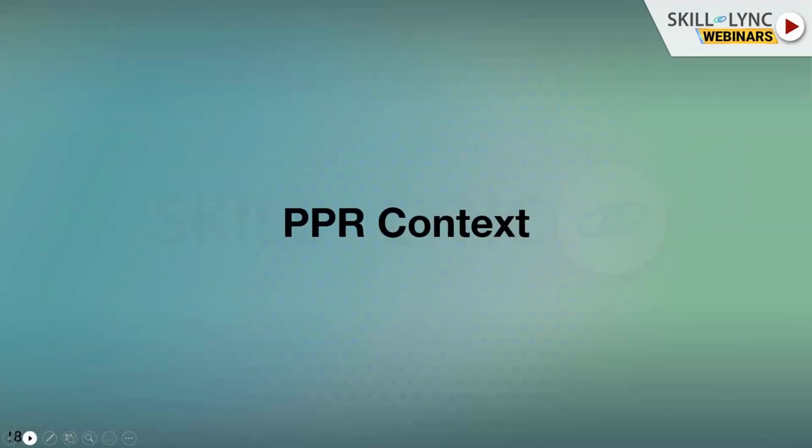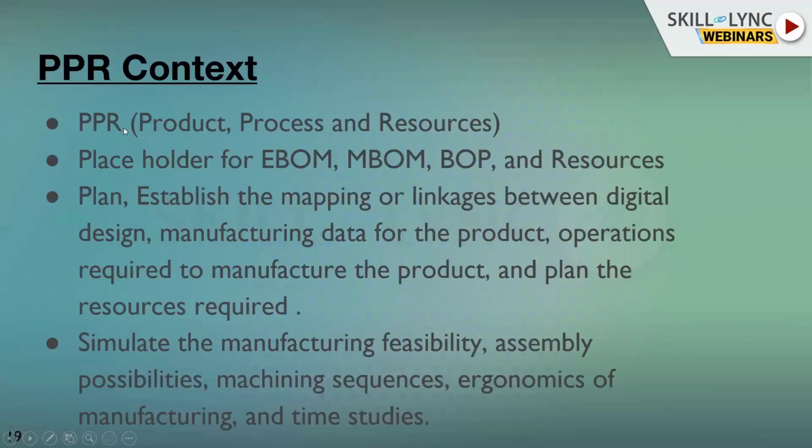Okay, now we are going to PPR context. PPR context is product, process, resources. It's a context in which you are going to link up all these three, whatever we discussed till now. It is a placeholder for your engineering bill of materials, manufacturing bill of materials, bill of processes, and resources. What does it help you to do?